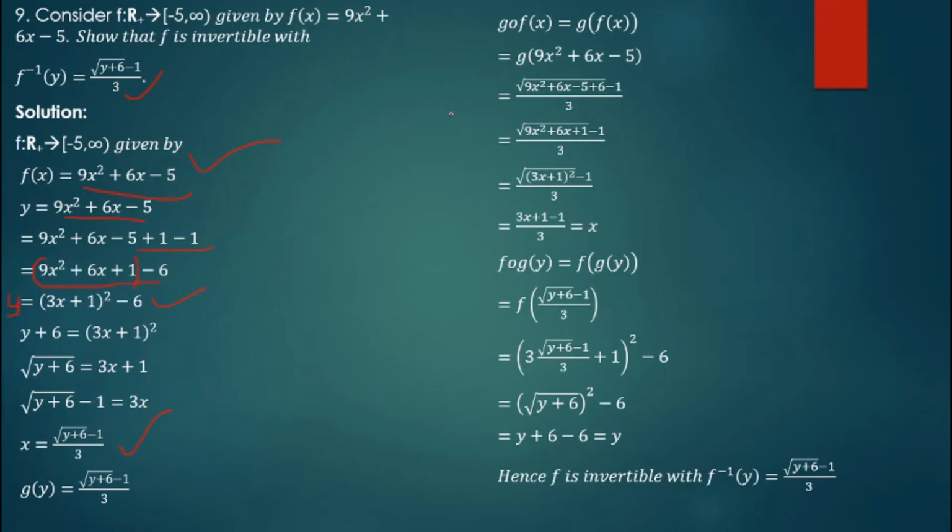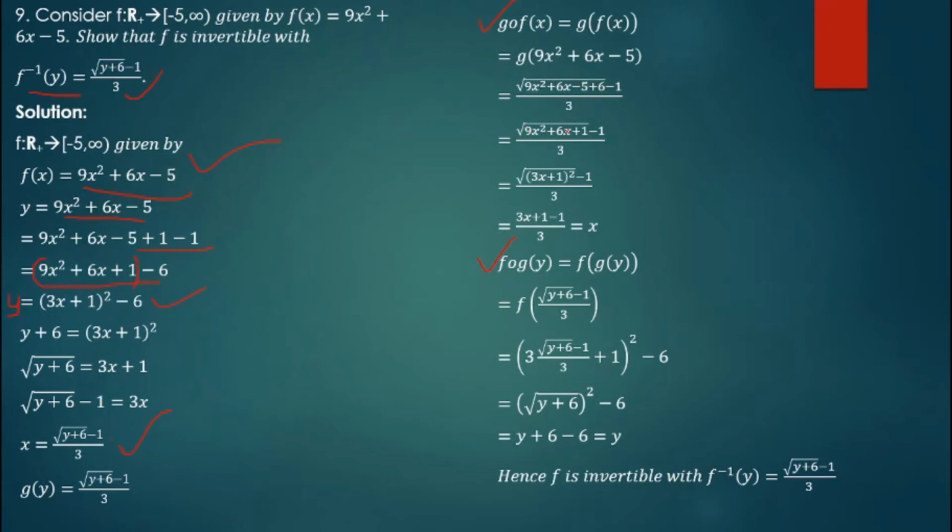So what are you supposed to find? Show that f is invertible with this inverse. So we find gof as well as fog. So likewise, f of x we substitute. When we substitute it back, in place of y plus 6, we substitute y, which is 9x square plus 6x minus 5 plus 6. Minus 5 plus 6 is plus 1.